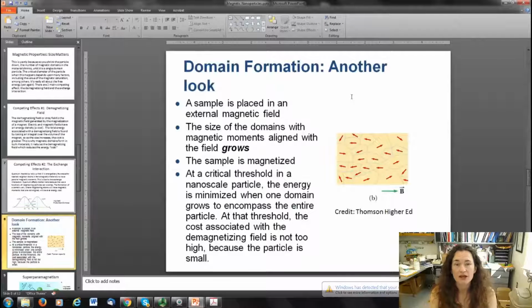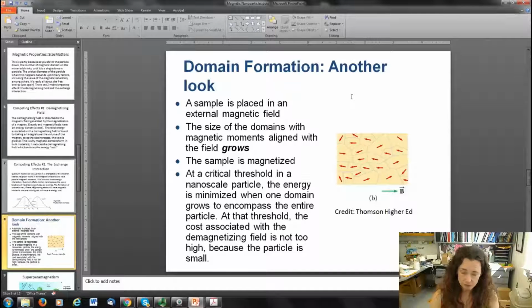Okay, so here's what actually happens when you take a bulk ferromagnet and place it in an external magnetic field. Initially, if it's not a permanent magnet, the domains will be randomly oriented. They'll be pointing in lots of different directions. Then, when you place it inside an external magnetic field, there's going to be a torque according to the equation mu cross B, where mu is your magnetic moment and B is your external magnetic field, and it's going to want to rotate those moments.